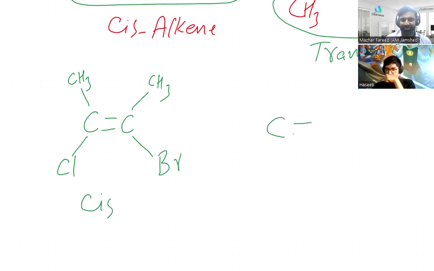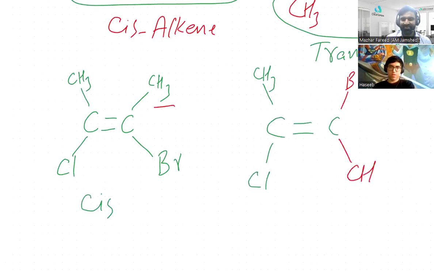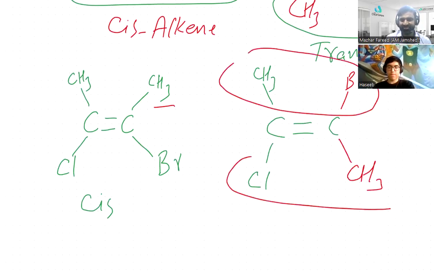You need to change the position of one atom. Like you change this position with this, and bromine goes up, and CH3 comes. So different atoms are present in the space. So it becomes trans.